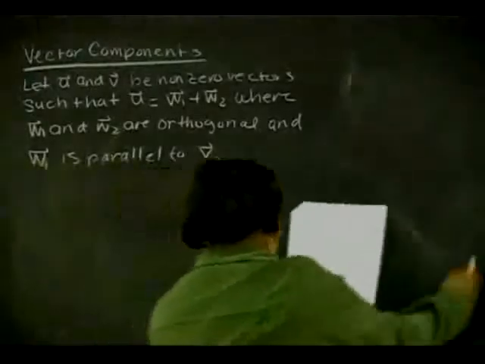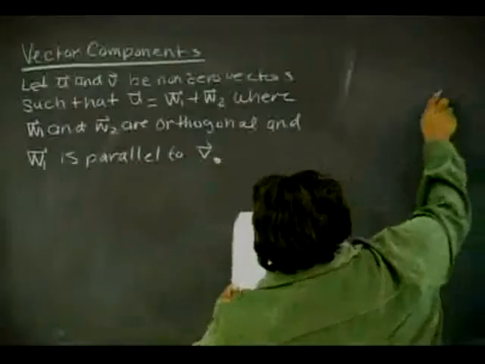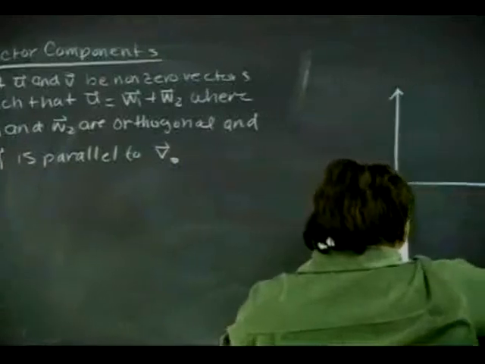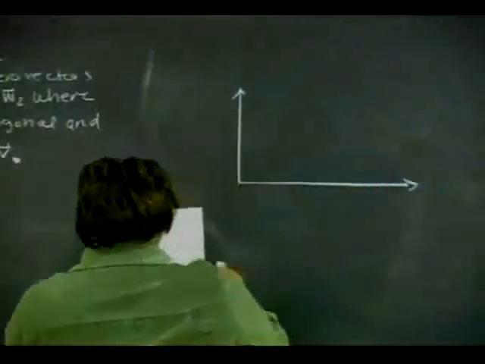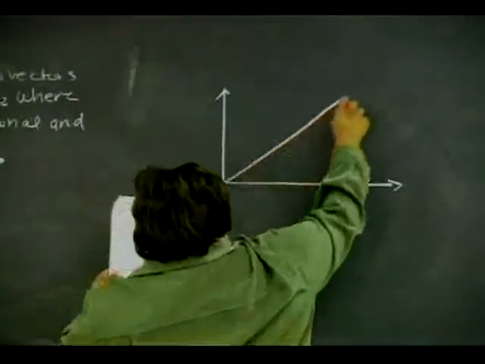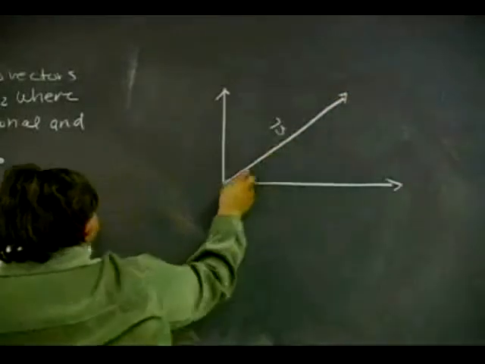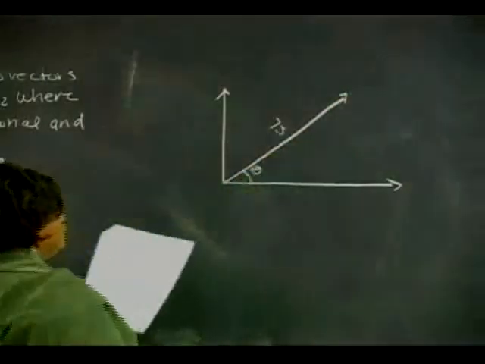So what that means is that out here somewhere we have some vector U. This is the angle theta.